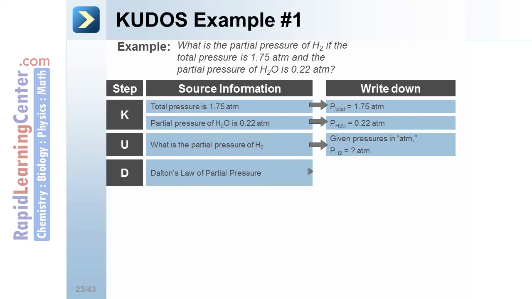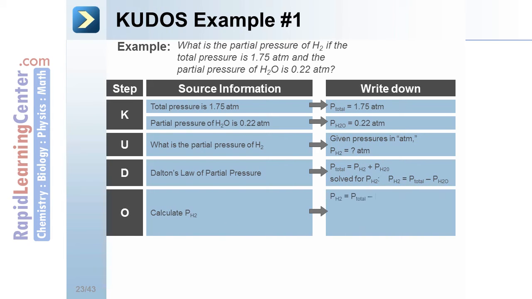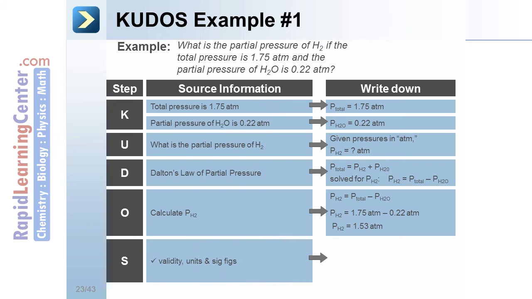Step D. Define by writing the law of partial pressure and solving for the unknown variable. Step O. Use your equation to solve for the unknown variable. Step S. Check your answer.